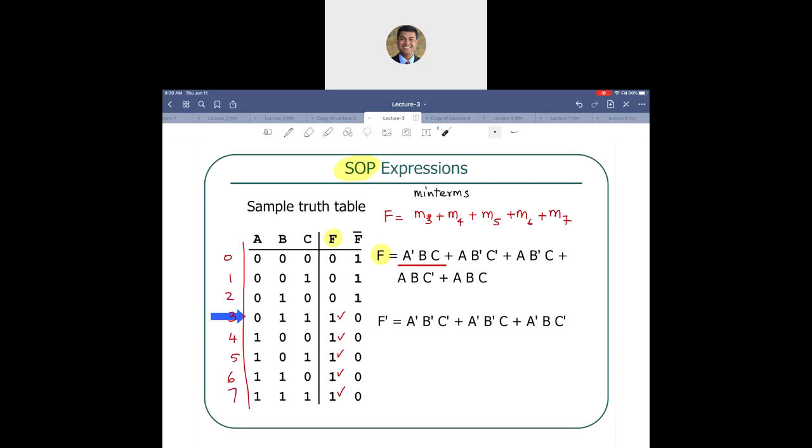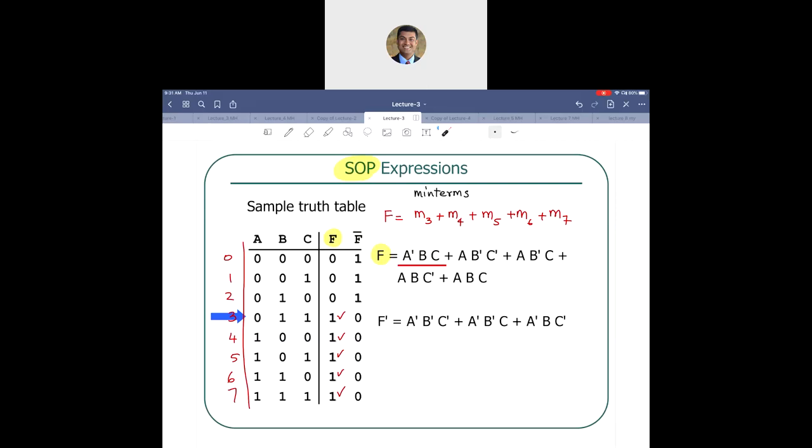Do those numbers 3, 4, 5, 6, 7 mean anything if I switched around the sequence of the inputs? So if I were to write the input sequence as C, A, B, will these numbers stay the same? They will not.